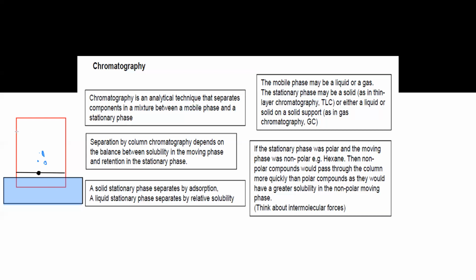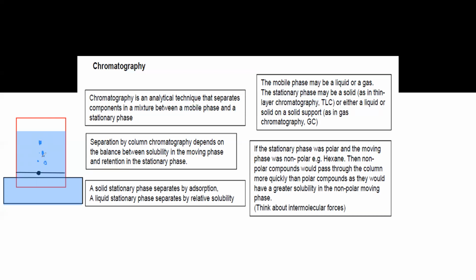There is an attraction between the stationary phase and the particles of the substance which we are separating, and there's an attraction between the mobile phase and the substance which we are separating. If the attraction between the mobile phase and the substance is more, it will rise to a greater height.